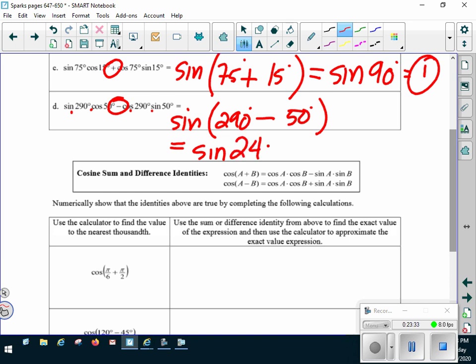Oh my goodness, I believe I know something about that one. What quadrant is 240 degrees in? Reference angle? 60 degrees, good. What's the sine of 60 degrees? Negative square root of 3 over 2.